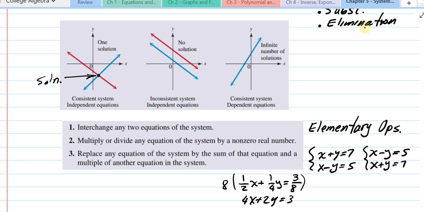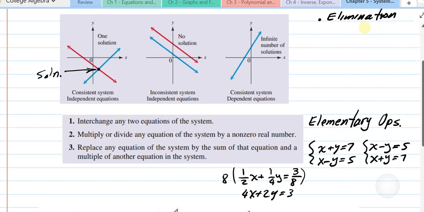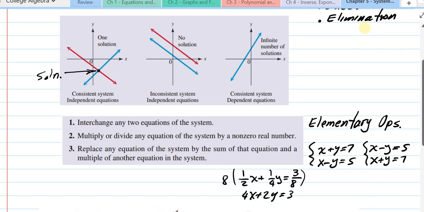Number 3 is interesting, a little wordy, but number 3 allows us to replace. That's the only property that allows us to replace an equation by something else, if that's what we want to do. So that something else should be the sum of that equation, the row you want to replace, and a multiple. Say you want to replace any equation.